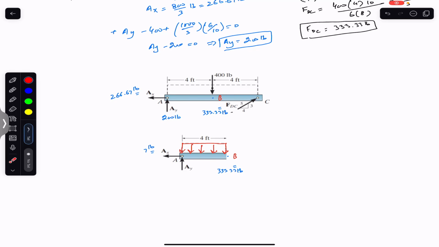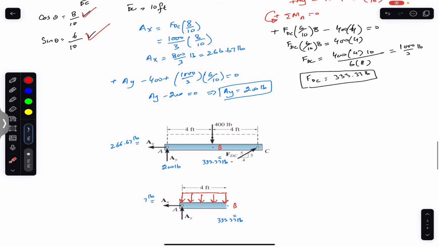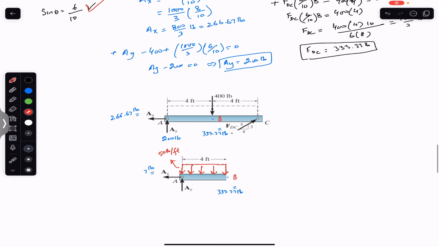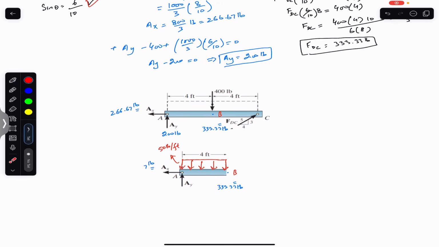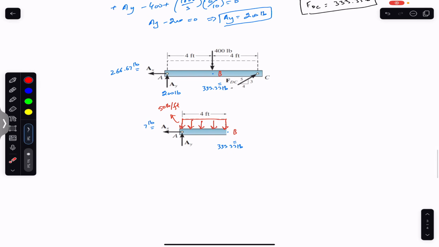So we have that distributed load from A to B in a shape of rectangle, and the height of this distributed load is 50 pound-feet. So this is my 50 pound/feet distributed load, and now the length of this rectangular area is 4 feet, since that point B is at the midpoint of AC member. So now again we have to draw another free body diagram, and first of all we have to write the resultant of this rectangular distributed load.